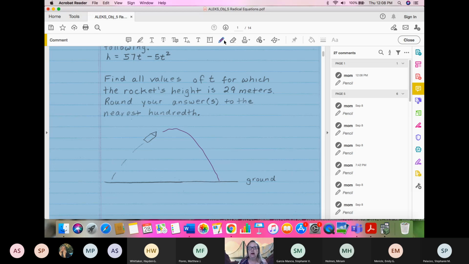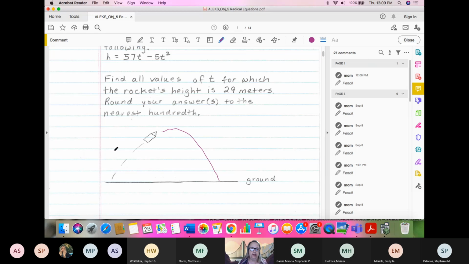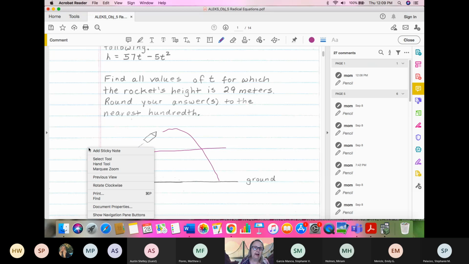So let's see how many times it will go through 29 meters. So we're going to make the assumption that there's a line. Let's draw a line right here. And this is at 29 meters.